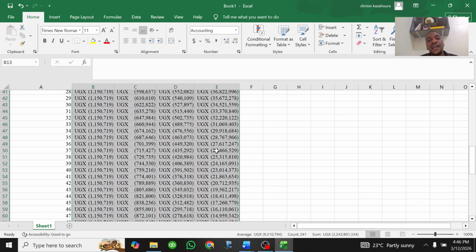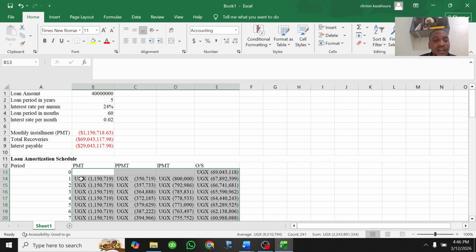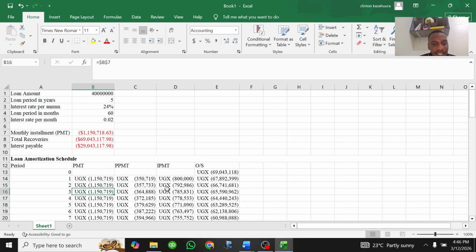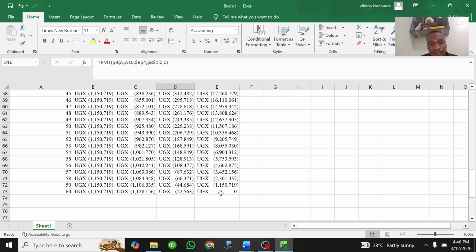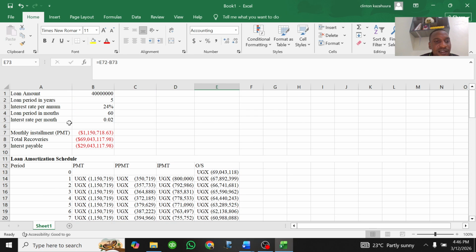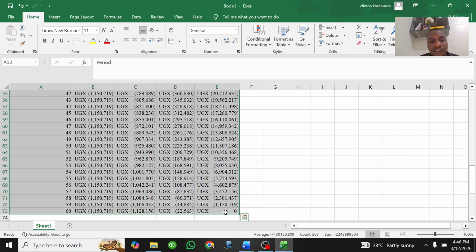So what we have done, we have just created a schedule of how a client is supposed to pay his loan. So that means you are going to be recovering this per month on a flat basis, and the outstanding balance is 0. That is okay. So you can go on and make this beautiful, because there are some marks that you can earn for presentation.